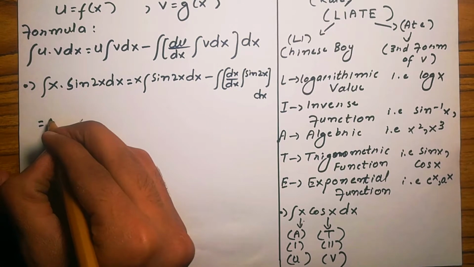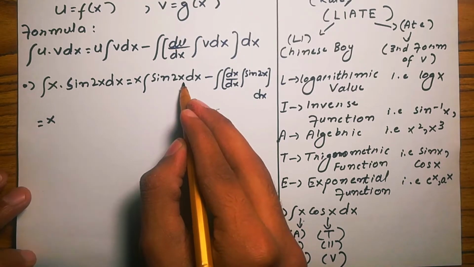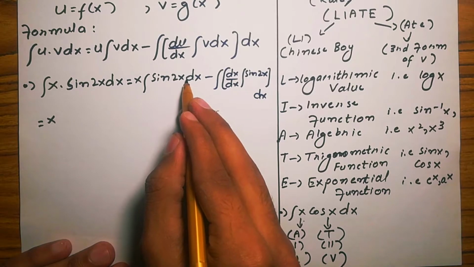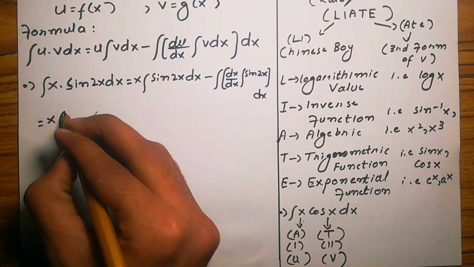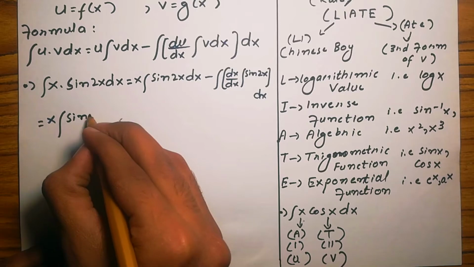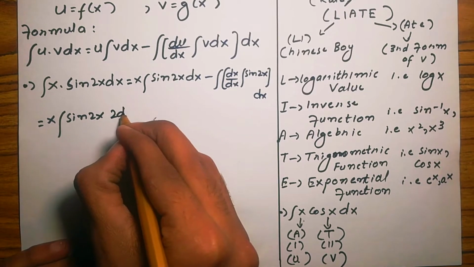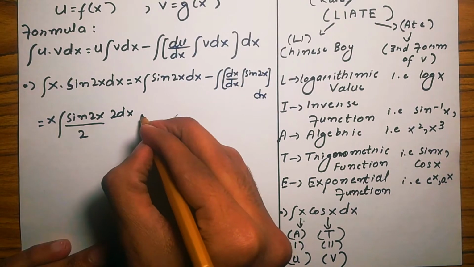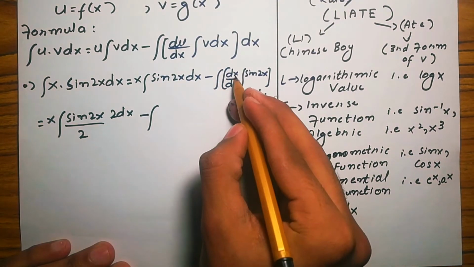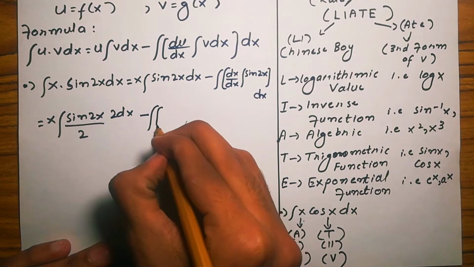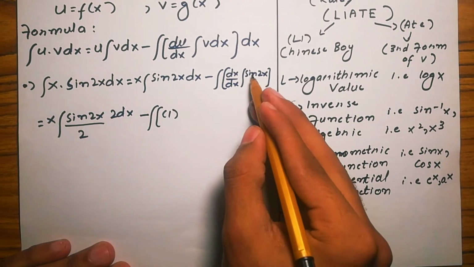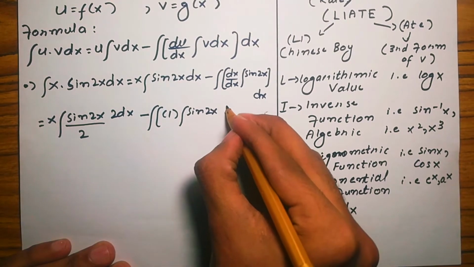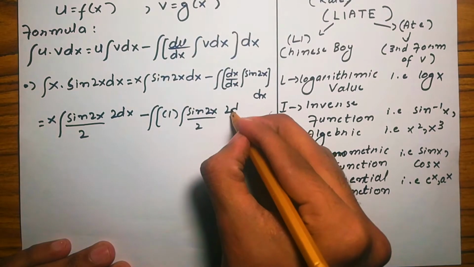And as we can see, to integrate sin 2x we need a 2, so we will multiply and divide by 2. Here the derivative of x is 1, and again we have to multiply and divide with 2.